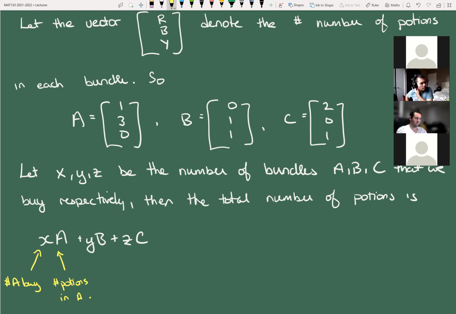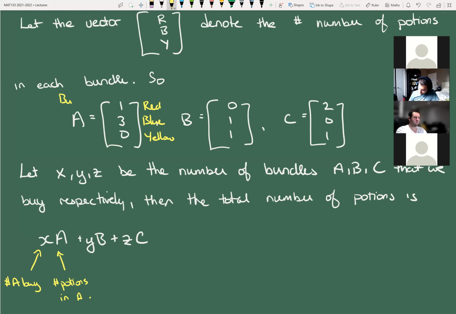So direct messenger, the last part has me confused. Elaborate, like which part exactly has you confused? Just let me know. So it's just putting a multiplier on the vector, exactly. Yeah, what is X and A? Okay, so A is this vector, right? It's bundle A, and it says we have 1 red potion, 3 blue potions, and 0 yellow potions, right?